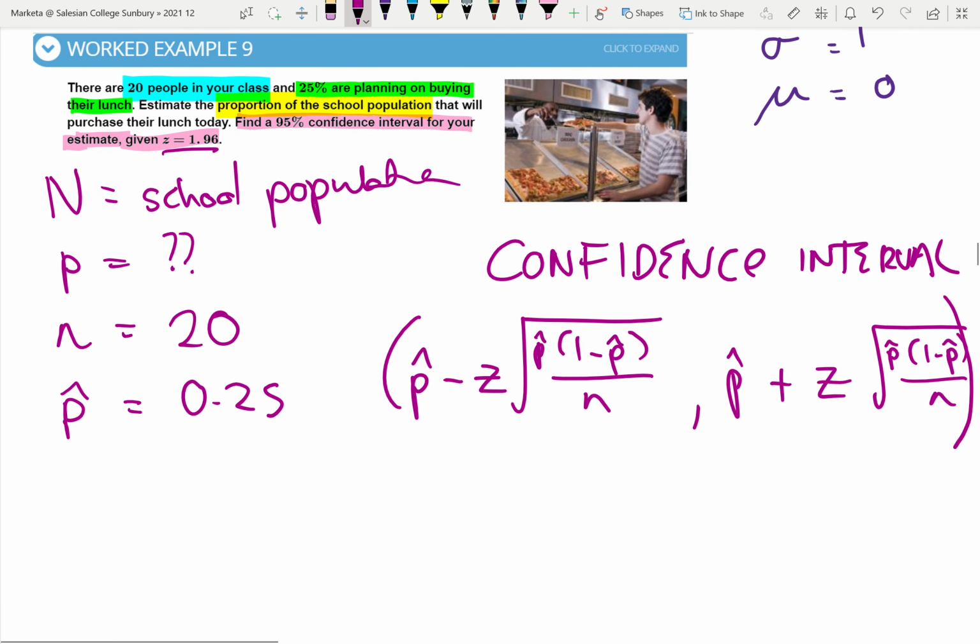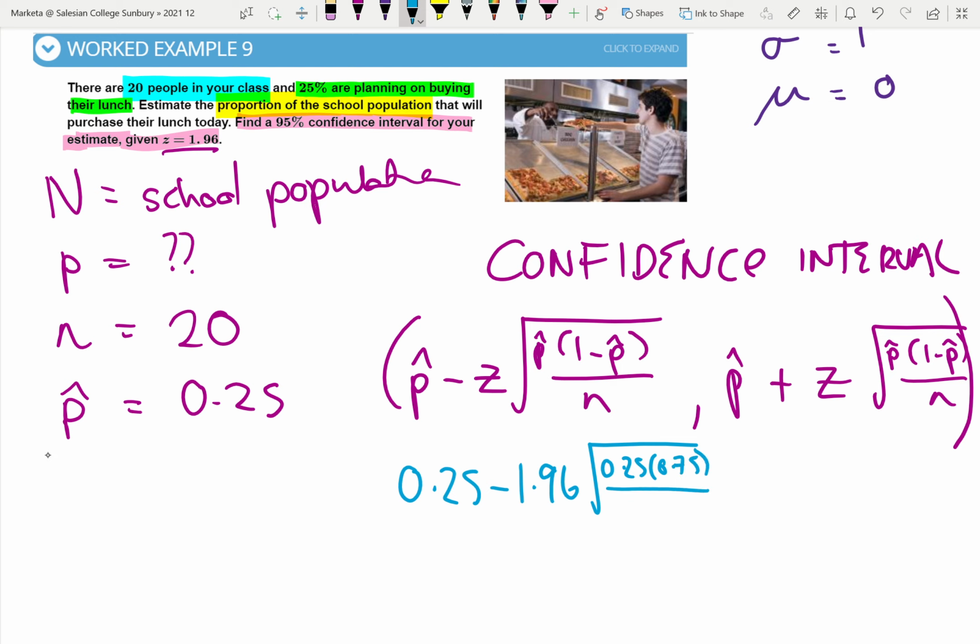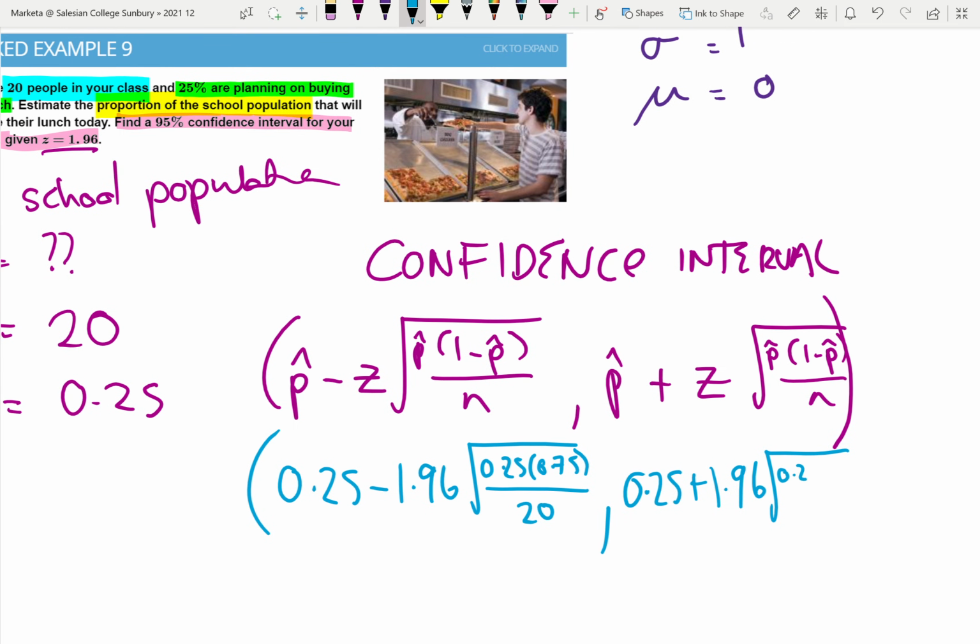So let's sub in the values that we need. So p hat, our sample proportion, is 0.25 minus 1.96 times the square root of p hat 0.25, 1 minus p hat, that's 0.75, over n, which is 20. And then again, 0.25 plus our z value of 1.96 times the square root of p hat, 0.25, times 1 minus p hat, 0.75, over n, which is 20.